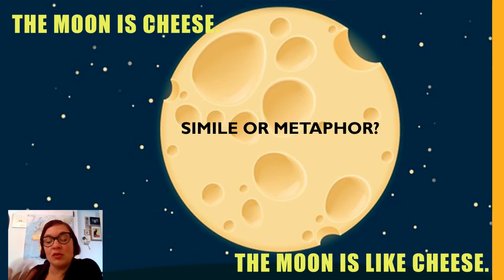Then, this is always my most basic and favorite way to explain the difference between a simile and a metaphor. Right, so the moon is cheese and the moon is like cheese, okay? Which one is a simile and which one is a metaphor?